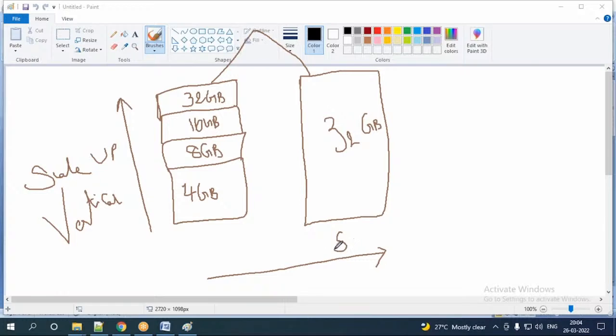You are adding one more similar copy and putting it under the load balancer. The other name is horizontal scaling. Horizontally you are scaling the infrastructure. Any question, guys? Anybody have any question in this?